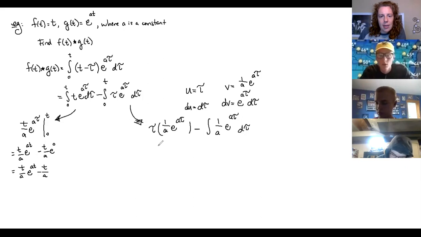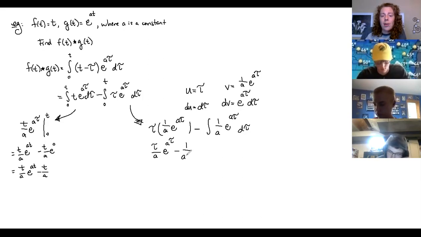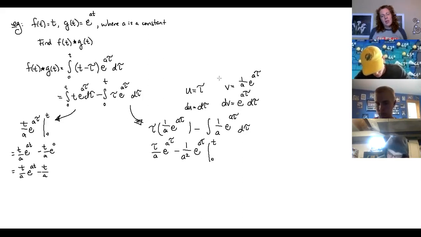We can do some combining. And so this is going to be tau over a e to the a tau minus, when I do an integral of this, I'm going to get another a in the bottom. So minus 1 over a squared e to the a tau, and this is evaluated from 0 to t.